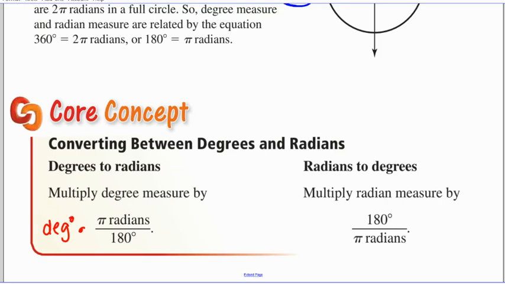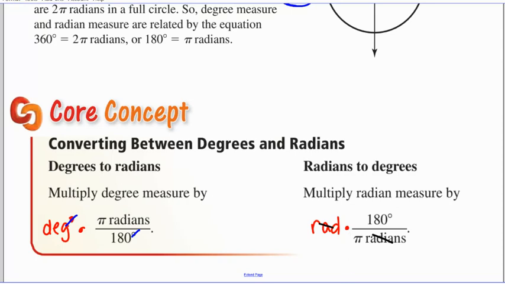Okay, and you'll notice that what happens is that your degree symbol and your degree symbol cancels out, and you can do a lot of reducing of this fraction. If you want to convert from radians into degrees, you take your radian measure and multiply it by 180 degrees over radians, and whatever your units were, your radians cancel out, and now you're converting it into degrees.